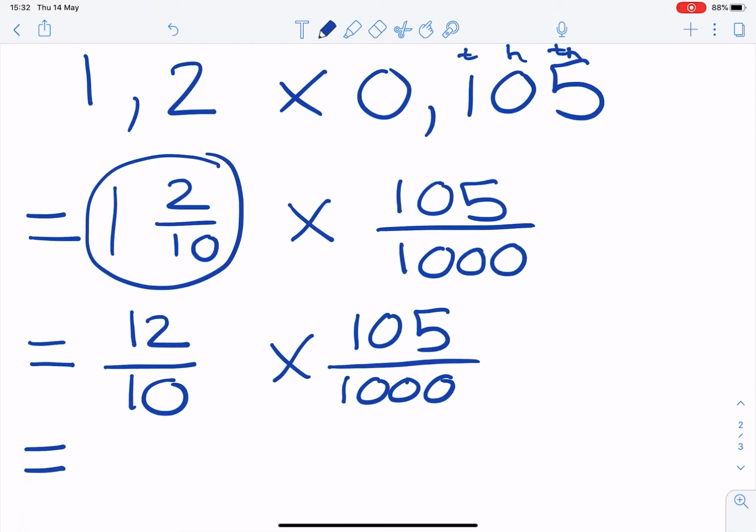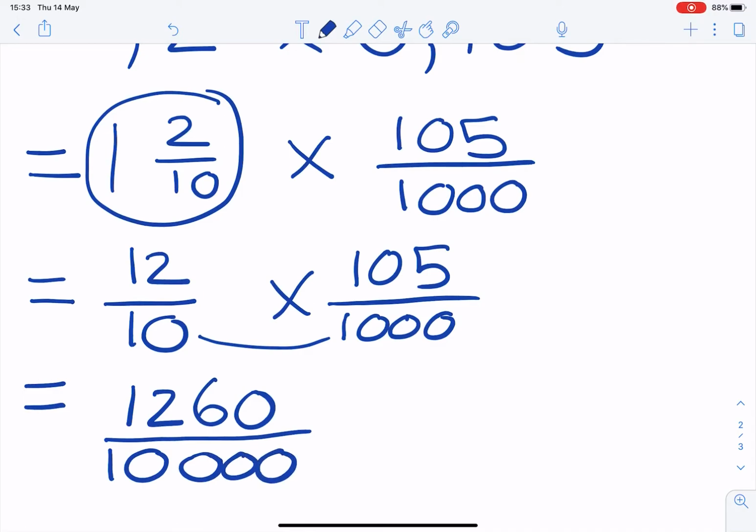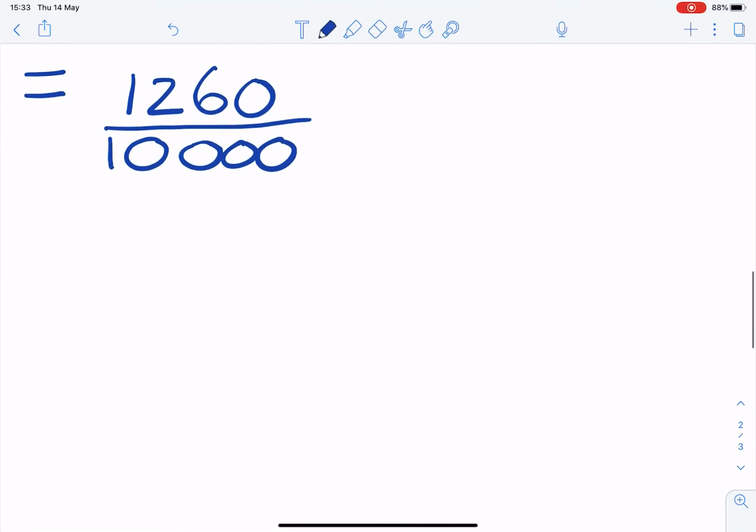12 times 105 is 1,260, and 10 times 1,000 is 10,000. We need to end in the 10,000ths column.